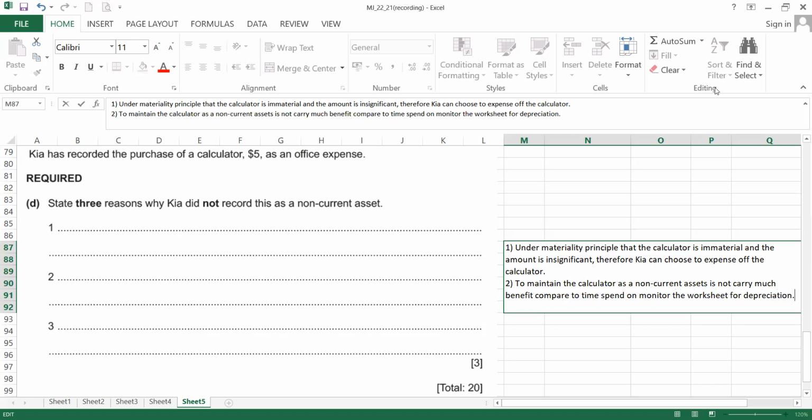To maintain the calculator does not carry much benefit, because it is time wasting.